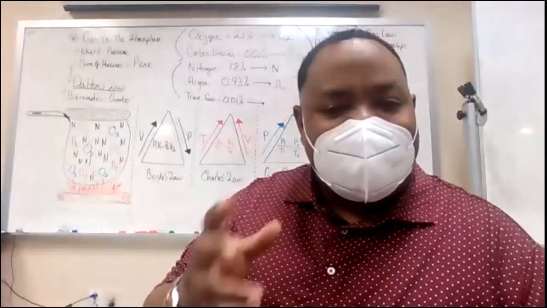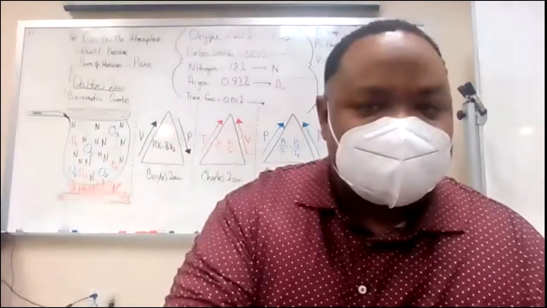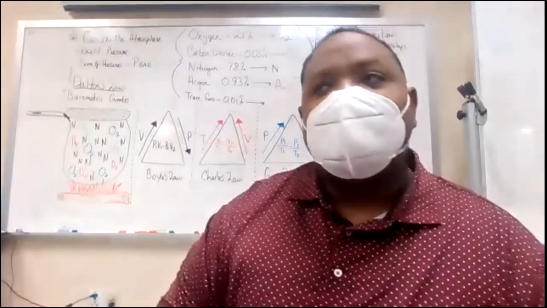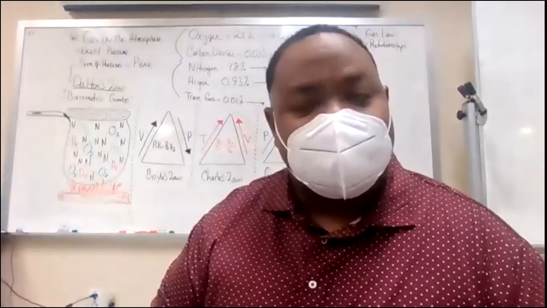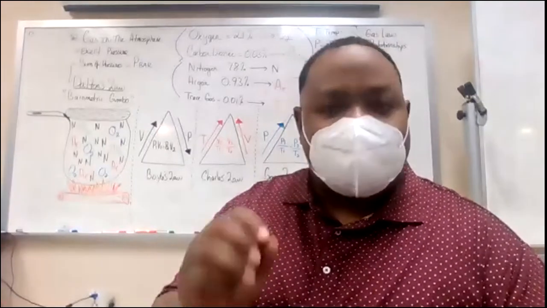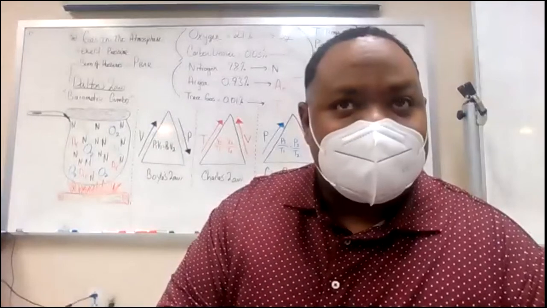Who can tell me, as that pressure leaves the can and the pressure inside the can decreases, what happens to how it feels in your hand? The can gets cold. So the pressure and the temperature both go down, right?